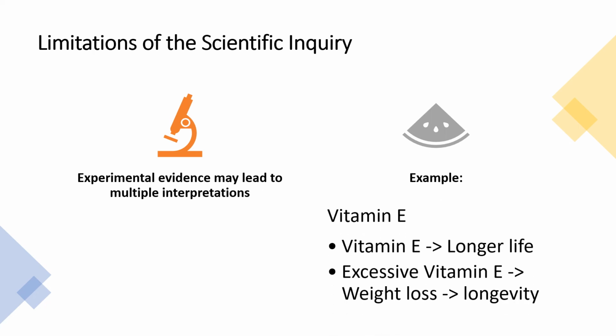So, does vitamin E slow aging? Possibly, but excess vitamin E also causes weight loss, and other research has connected weight loss with longevity. Now, the question is, does vitamin E extend life or does weight loss? The experiment alone does not distinguish between these possibilities.